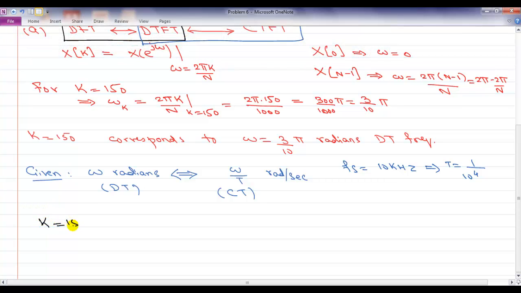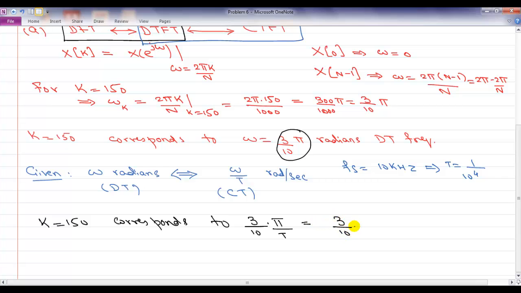k equal to 150 corresponds to, we calculated little omega to be 3π by 10, and now we divide it by capital T, so we get 3 by 10 into 10 to the 4 π, which is 3 times 10 to the 3 π radians per second.